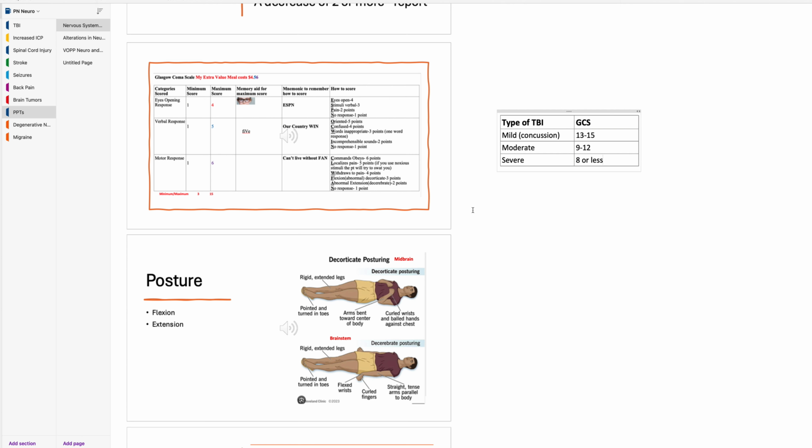So all that to say is that decorticate is better than decerebrate. Neither one is really good, but with decorticate, see the flexion, they're trying to protect their core, is how we say, to remind us that it's not as bad as extension, because in decerebrate posturing, this means it's in the brainstem.